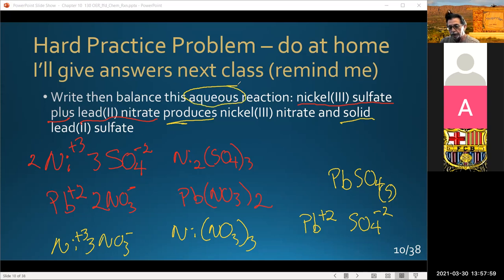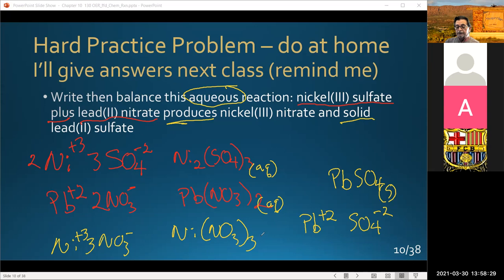Well, guess what? They're giving you a hint here. They're saying aqueous reaction, so it's a water solution. So what you do is you go to the solubility table. The solubility table will tell you that the nickel sulfate here is soluble. Okay. The lead nitrate, remember all the nitrates will be soluble, so it's aqueous.